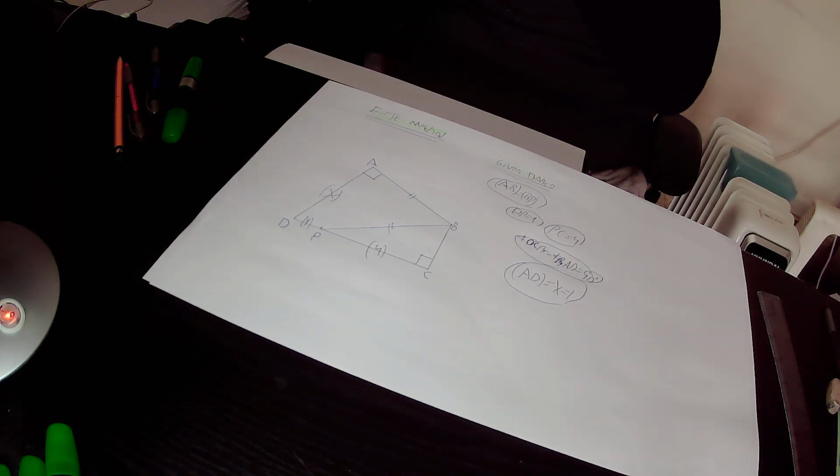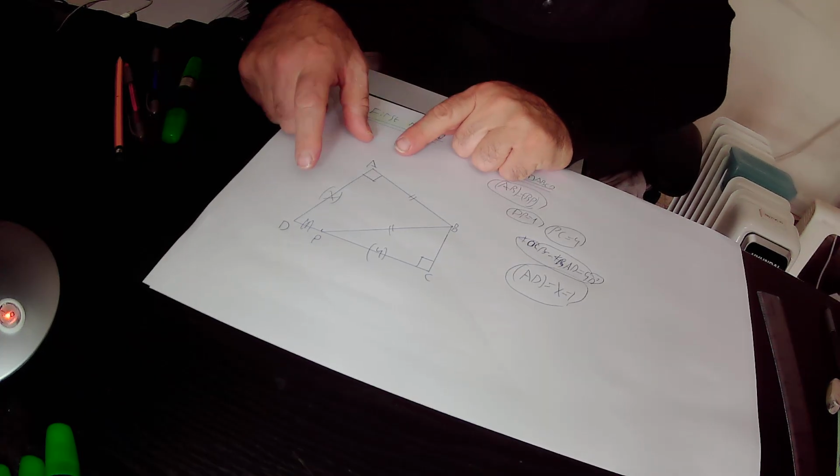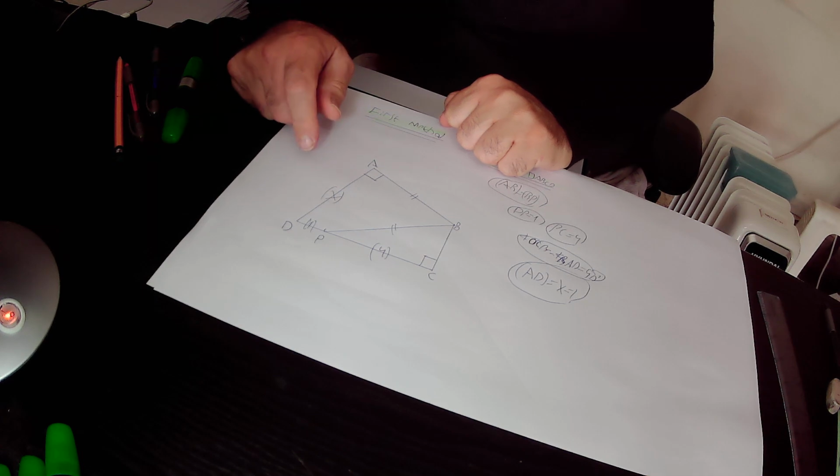In this second question, our task is to find out the length of this side AD equals x. So we have to find out the value of line segment x.